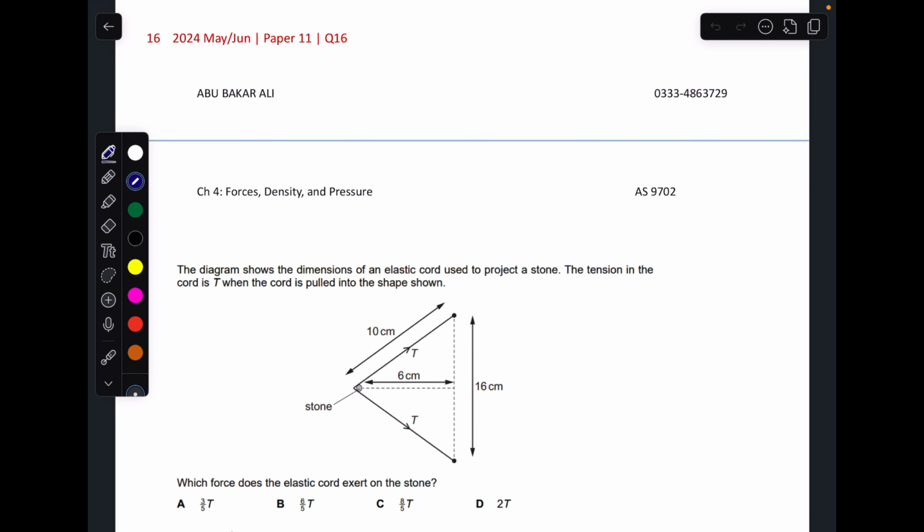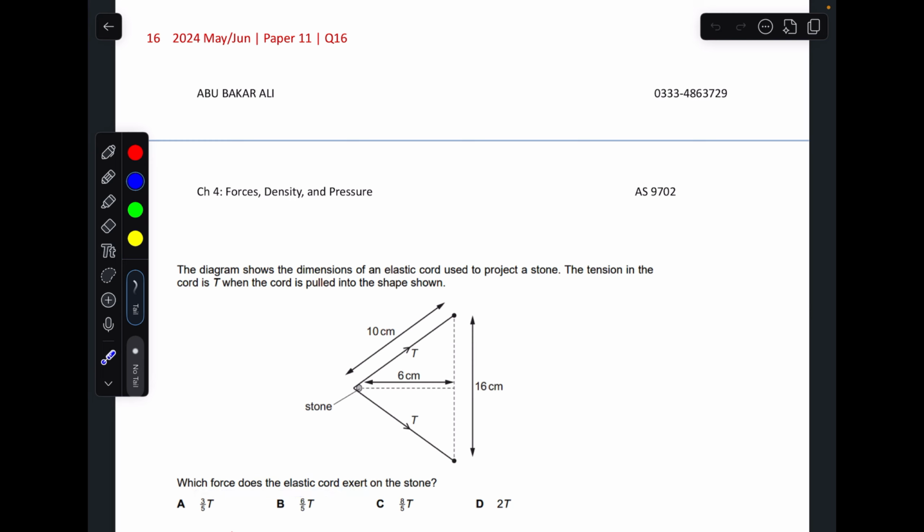The diagram shows the dimensions of a cord used to project a stone. The tension in the cord, that is T, is pulled into the shape as shown below. So this is the stone, and you are pulling the stone backward, and this is the cord that will be in that shape because of the pull on the stone. Which force does the elastic cord exert on the stone?